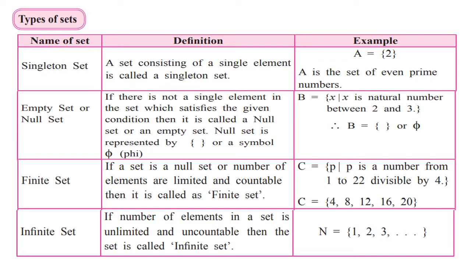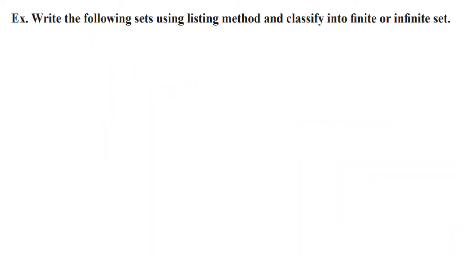Now let us see the solved examples from the textbook based on these types of sets. The first example is: write the following sets using the listing method and classify them as finite or infinite. Let us see the questions.